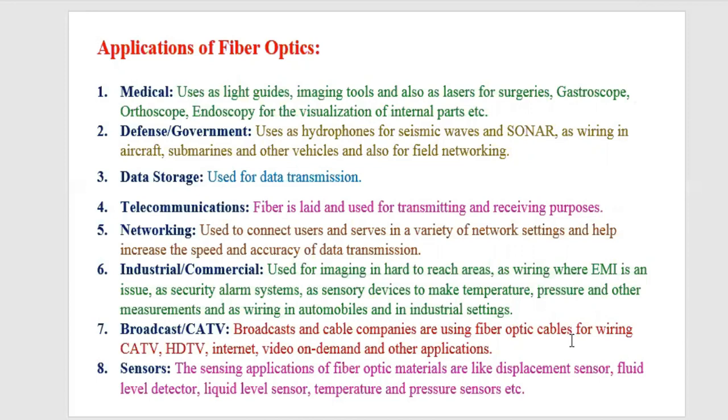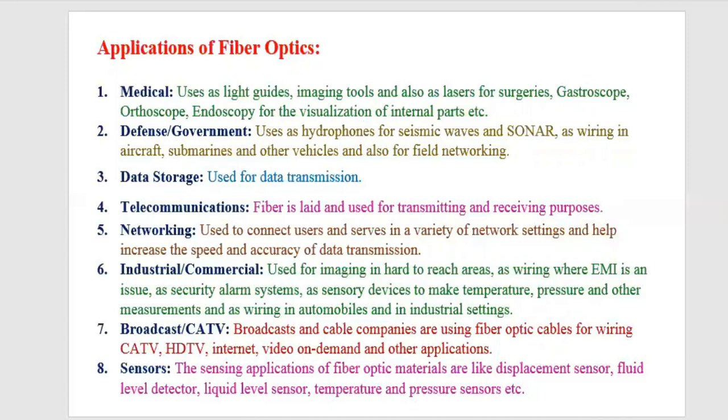These optical fibers are used nowadays in vast applications. Firstly, in medicine. To see invisible body parts like the stomach or kidneys, and to find foreign parts in them, optical fiber wires are sent through a small hole in the body, and the other end is connected to a system.